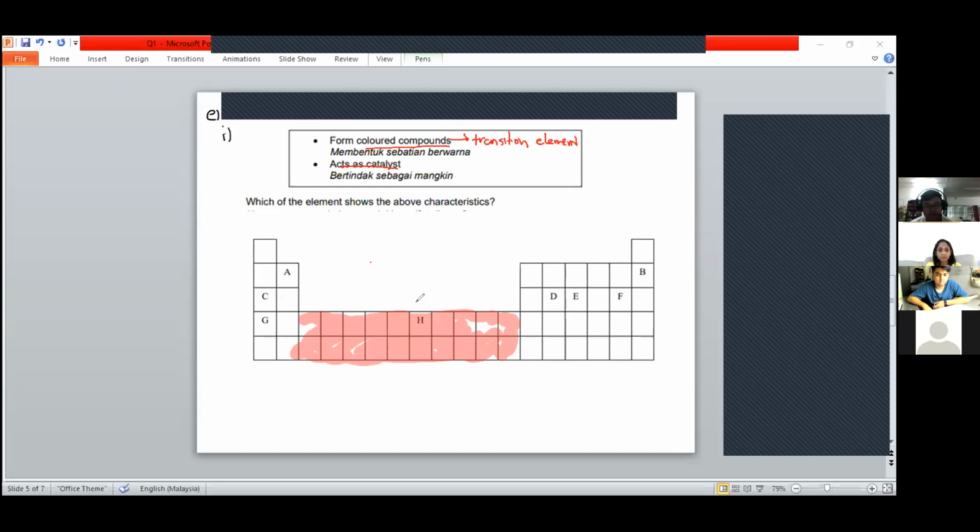So there's only one, which is H. I think it's because H is supposed to be iron, which is a catalyst. Okay, you don't need to know exactly what it is, but they just want you to say which one is a transition element. Okay, thank you.